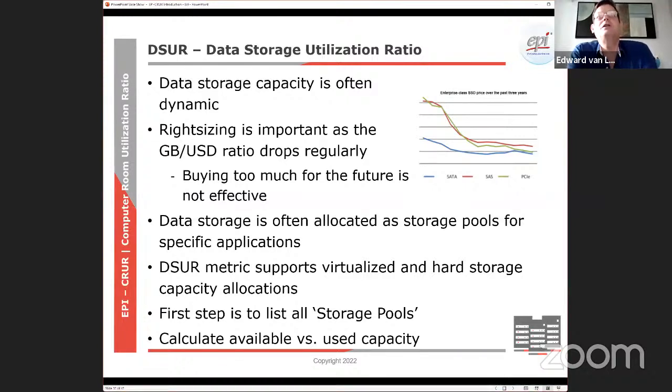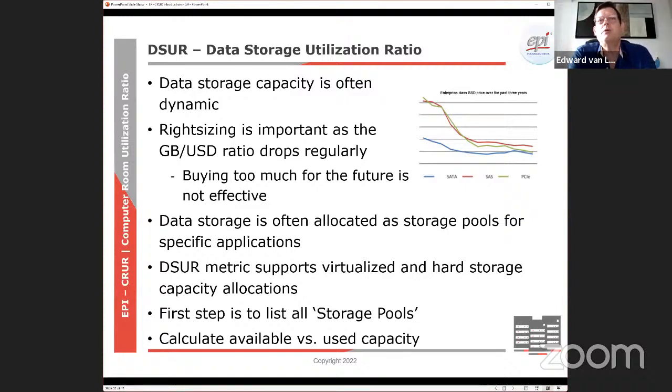Today, that might not be the case because we know there's a chip shortage in the market, but over time we know that it's better to buy 1 terabyte in the future than 1 terabyte today, because prices will drop. So the DSUR can help you to see how close is my capacity to desired capacity.